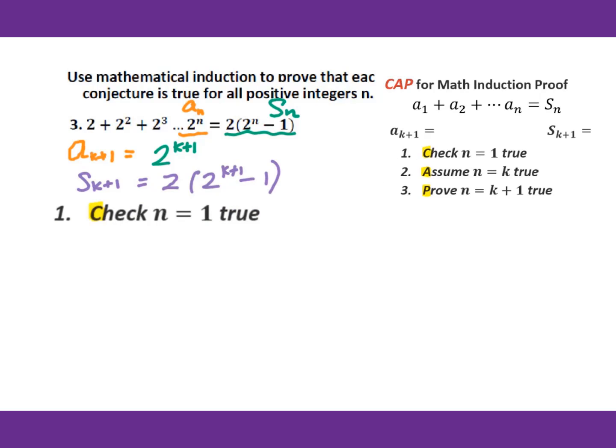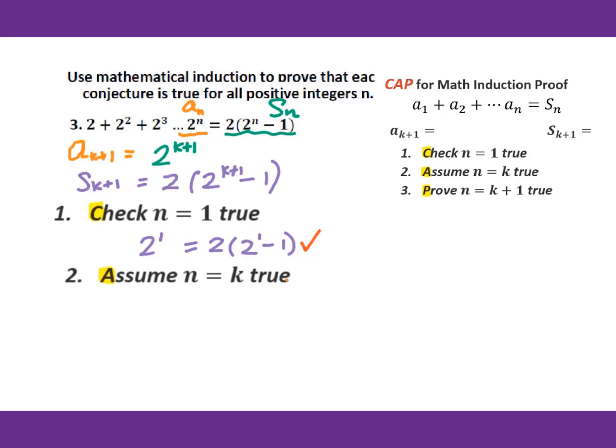First step, check n equals 1 true. On the left side, we got 2 to the first power. On the right side, we got 2 times 2 to the first power minus 1. This is true.